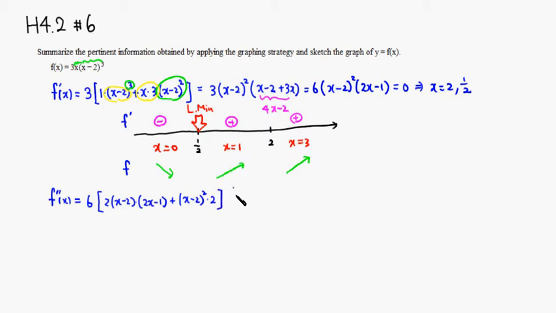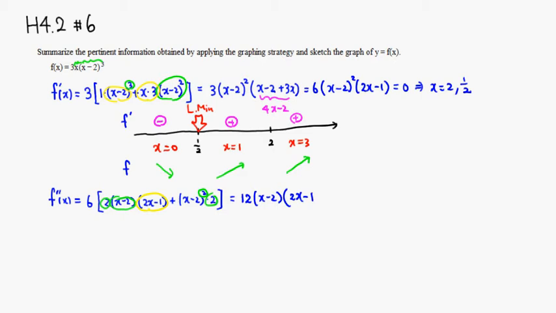Let's simplify that and pull out what's in common. There's a 2 here and a 2 there, we can pull that out, and there are two factors of (x minus 2). So 2 times 6 is 12, and the (x minus 2) is pulled out. What's left is (2x minus 1).